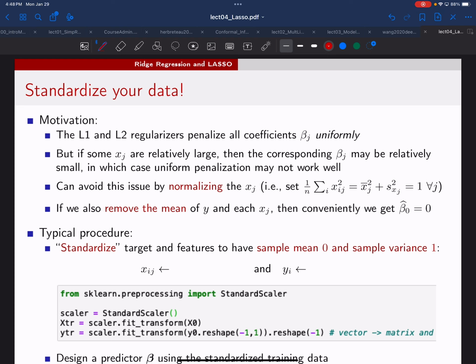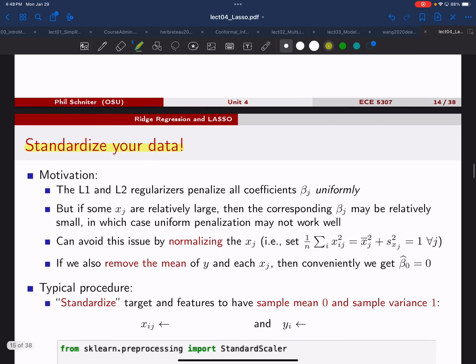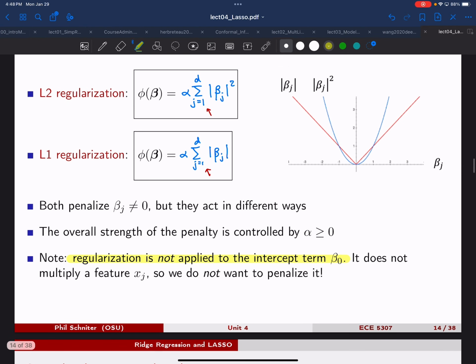The point is, if you want to do this, you have to standardize your data, meaning you have to normalize all your X's to have roughly the same range, because essentially these penalties treat the beta values identically. They're saying all the betas are penalized equally. Beta 1 is no different than beta 2 or beta 3.